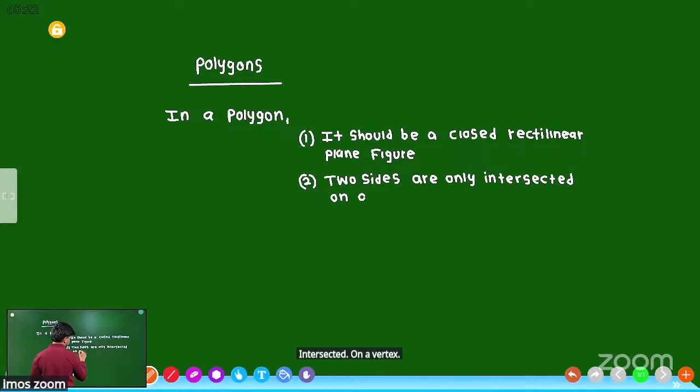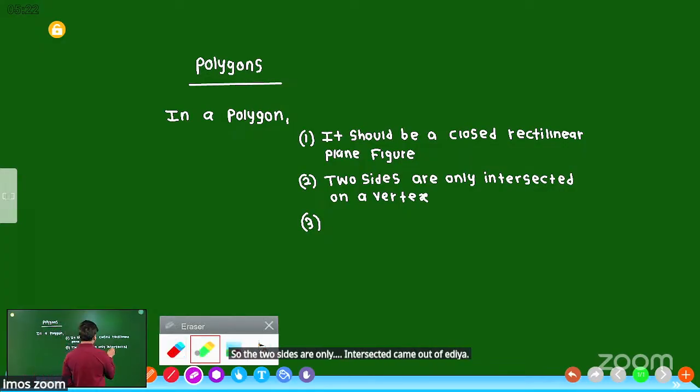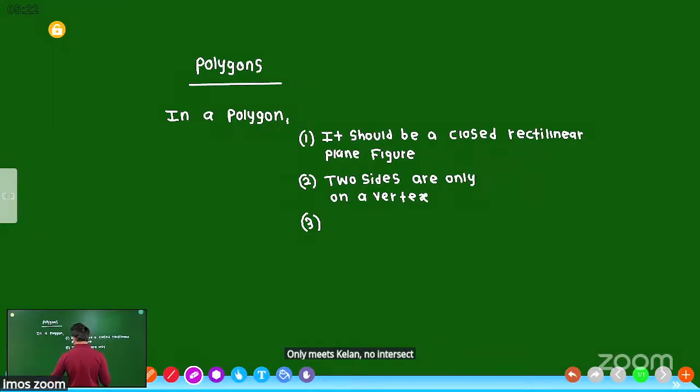We shall discuss first, right? On a vertex. Rather than writing intersected, write only meets, because writing intersected creates a small problem. Two sides only meet on a vertex, right?